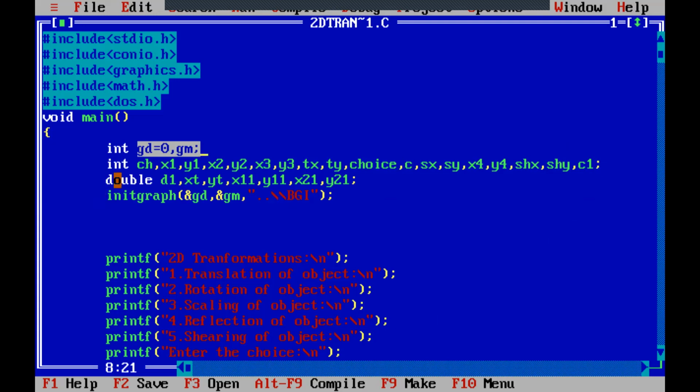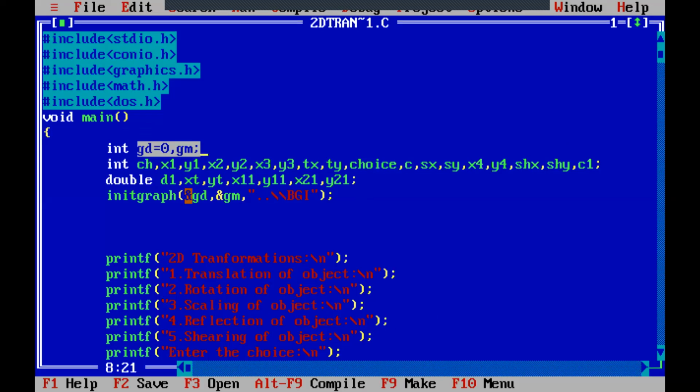Then these are the double variables required to perform maybe scaling. That is, if I'm compressing the object, then you will get a fractional number, and that's why double variables are considered.